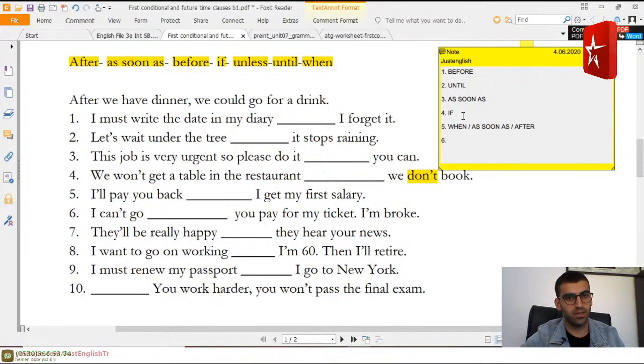Number 6, I can't go. Let me check. They say unless. I can't go unless you pay for my ticket.